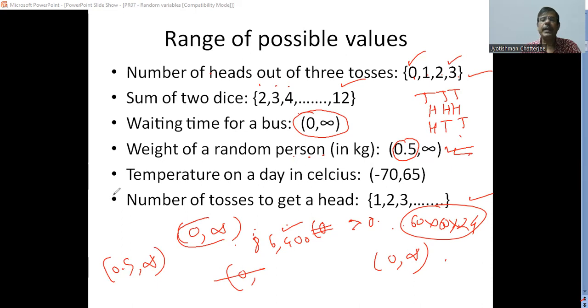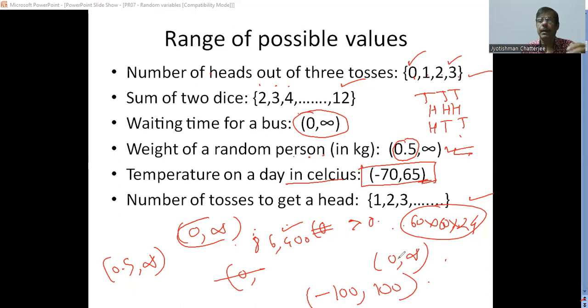Now, temperature on a day on the planet Earth in Celsius will be within a range. Wherever you go, whichever day you take the temperature, it goes from -70 to 65. Or if you want to be a little safer, maybe you keep -100 to 100.